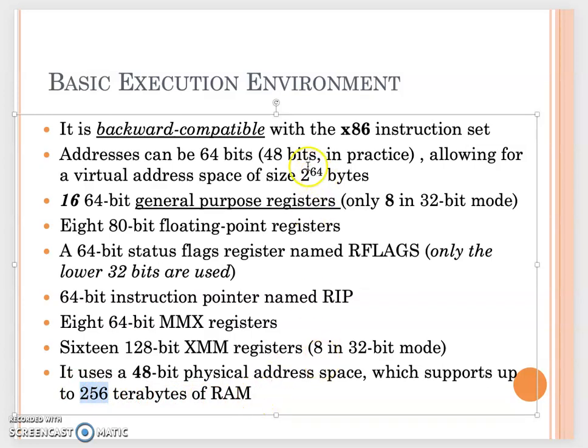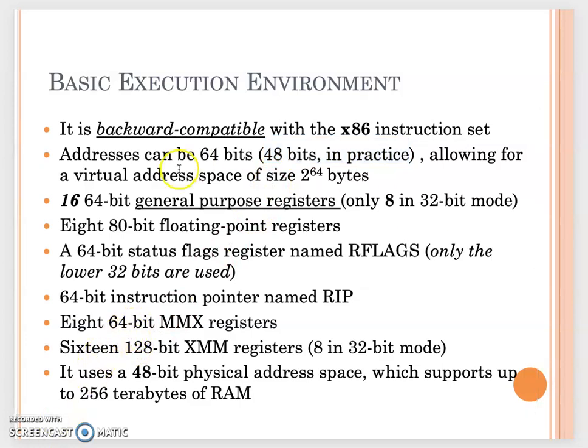So even though we are allowed up to 64 bits, in practice they're only using 48 bits for now, because the biggest RAM so far is 256 terabytes. Eventually, when the hardware improves, we can access bigger memory addresses. So that's the 64-bit environment.